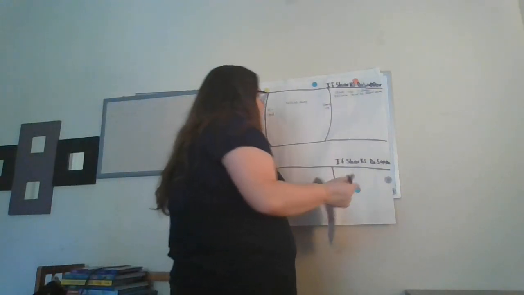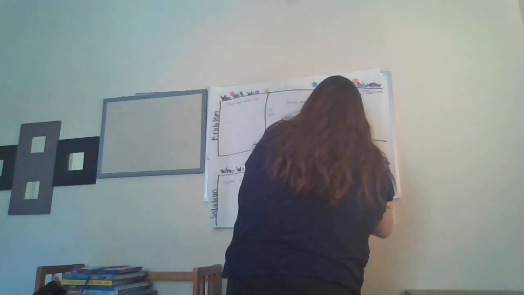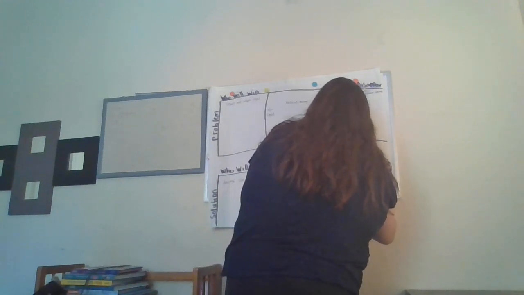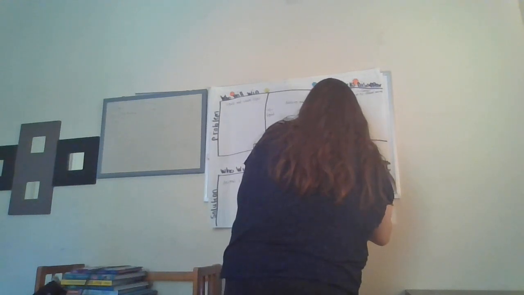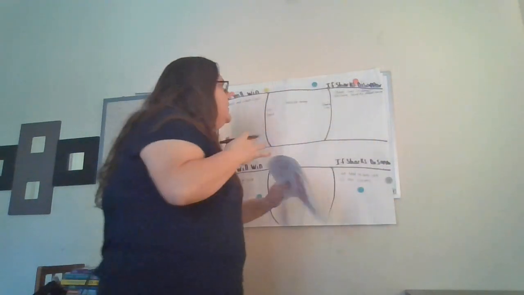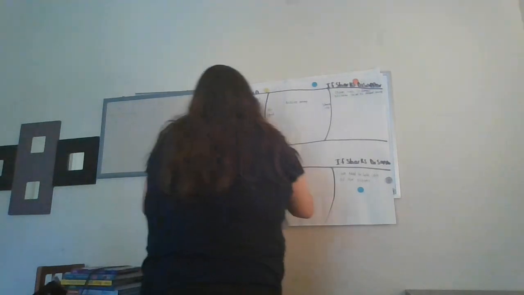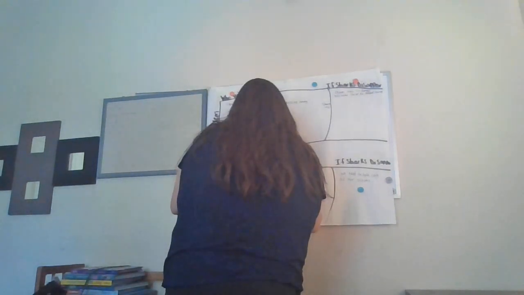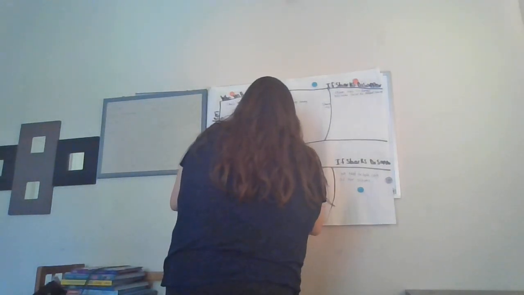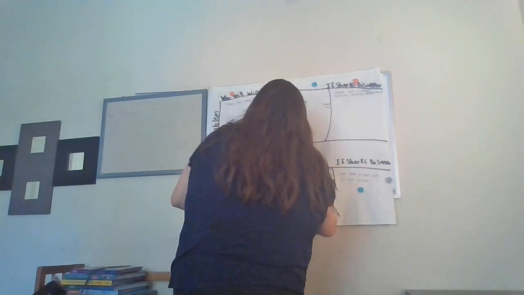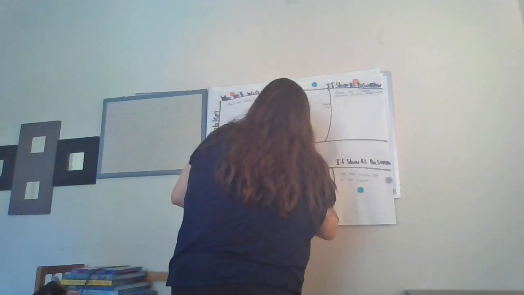Okay, we learned that we need to take care of our oceans. Okay, and lastly, what is a thing that they both have in common? Okay, so both stories had a hypothetical, right? About what would happen in the ocean, right? So they talked about what would happen in the ocean.